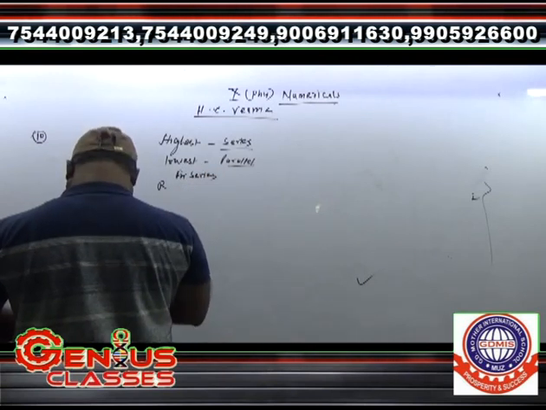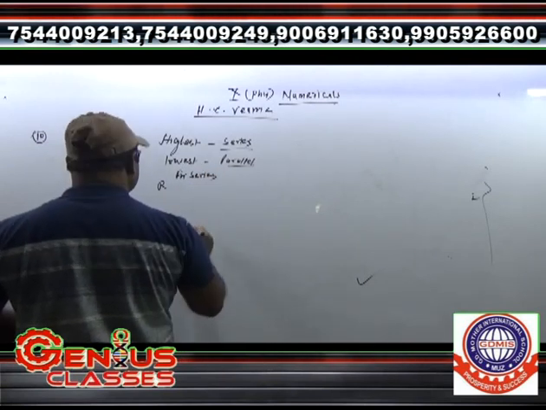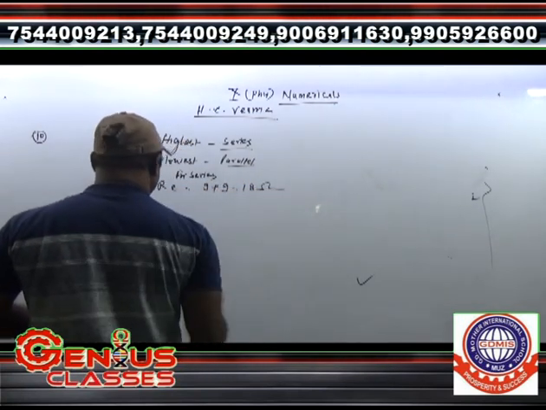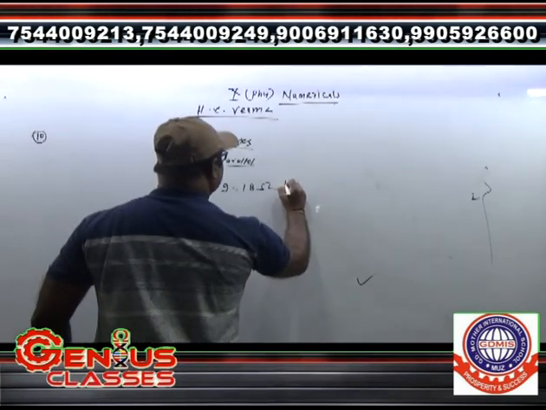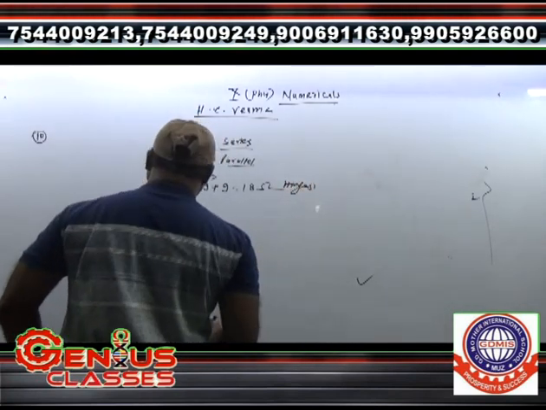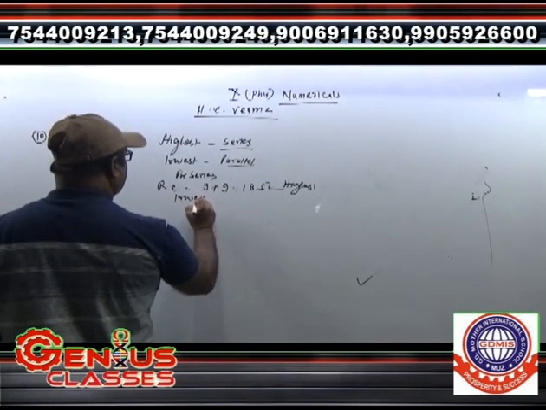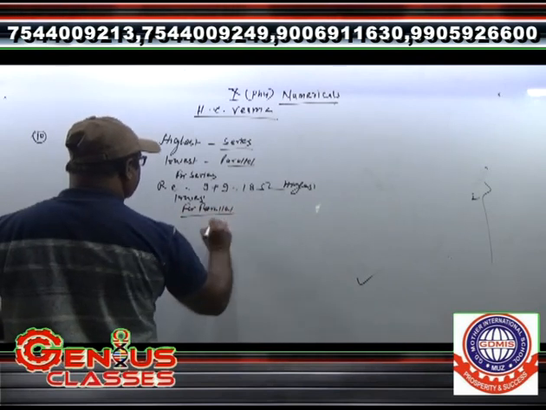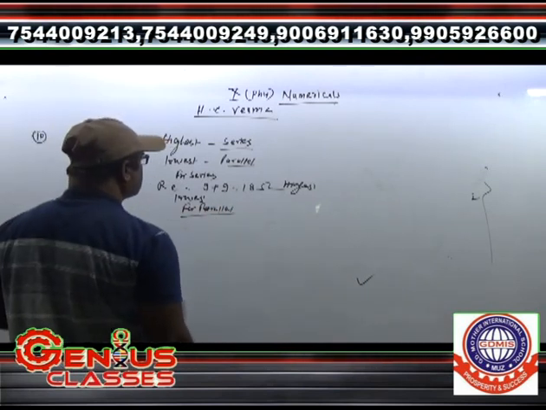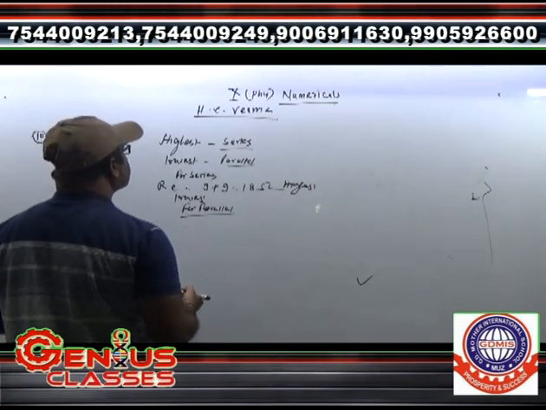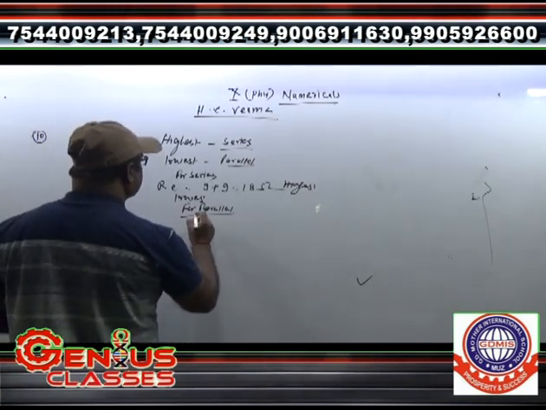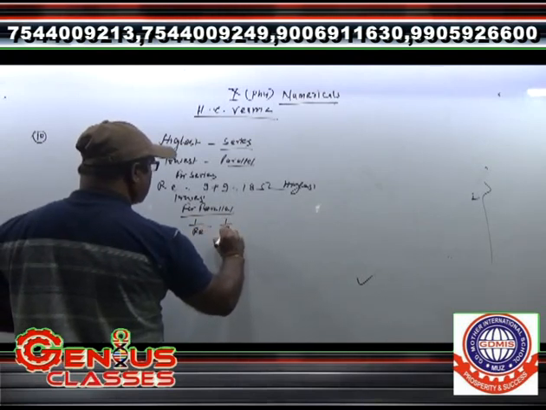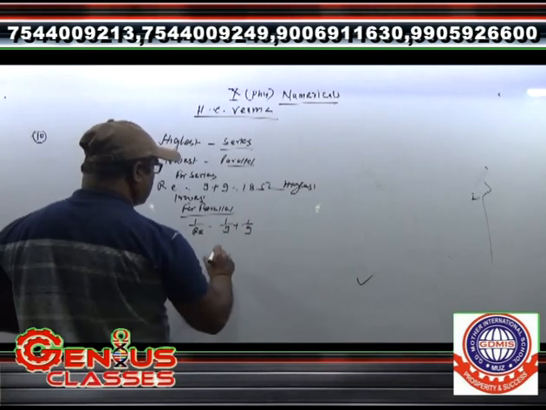There is a 9 ohms. So 9 ohms plus 9, 18 ohms. It is the highest. And lowest for parallel. So for parallel, it is what? 1 by R equivalent, once again, 1 by 9 plus 1 by 9.